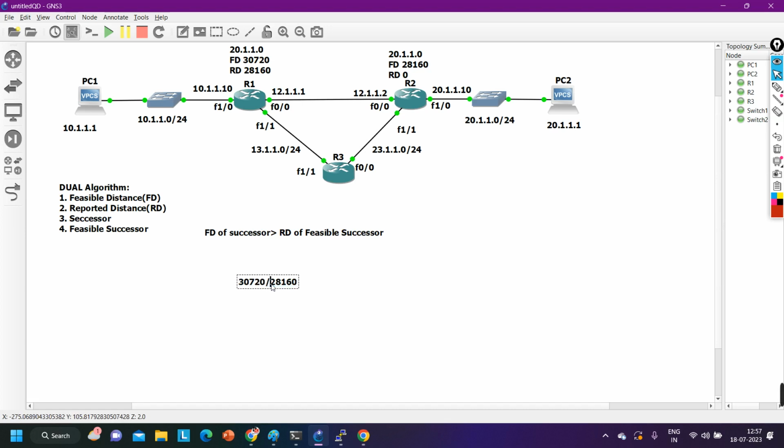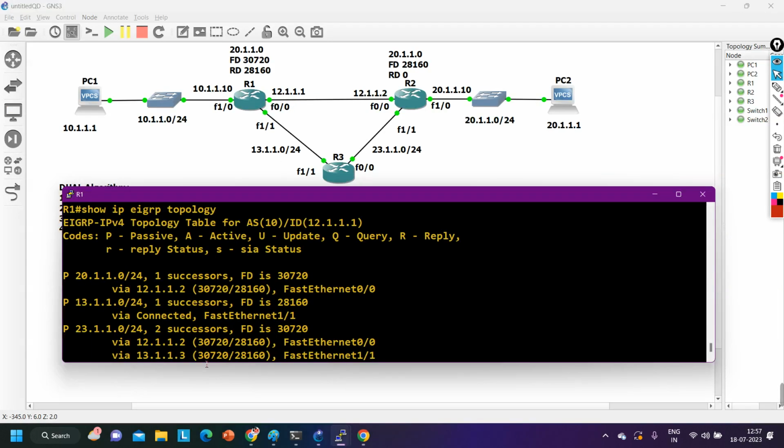This is FD and RD via which router? Via R2.